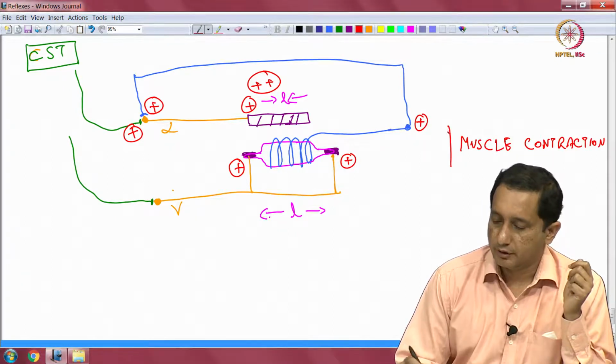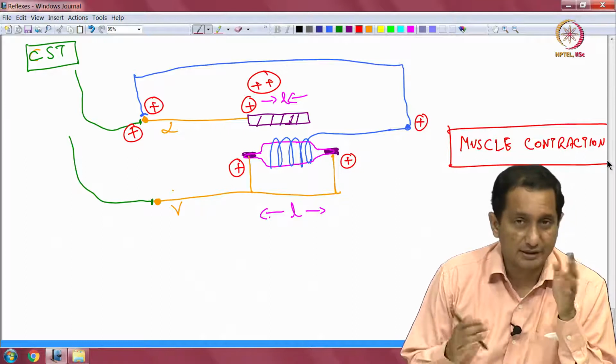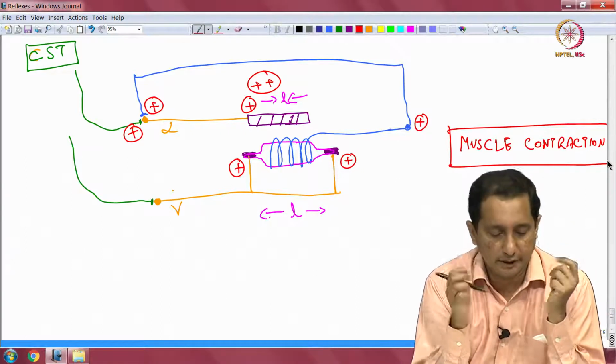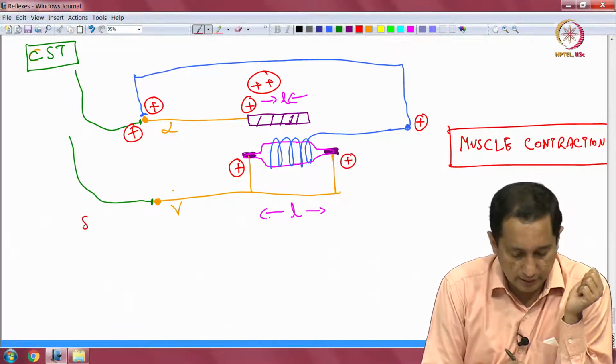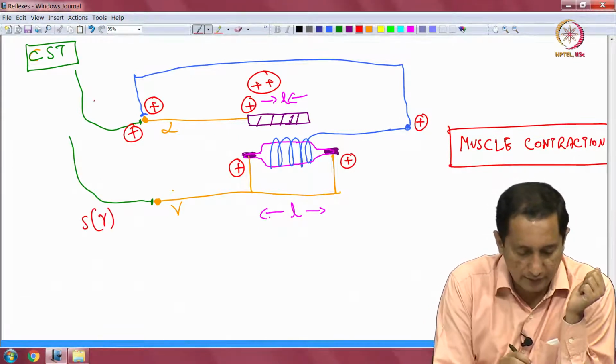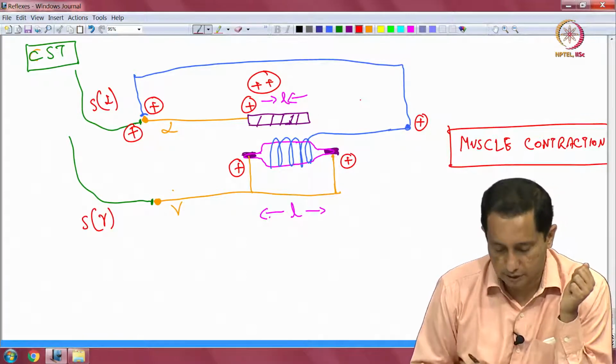Now, for the people who are computationally inclined, you would notice that this gives a very beautiful method of control. So, you can change the signal of the gamma versus the signal of the alpha and control the output.